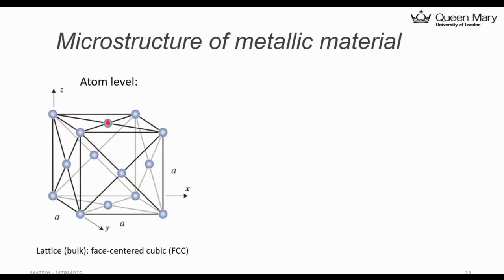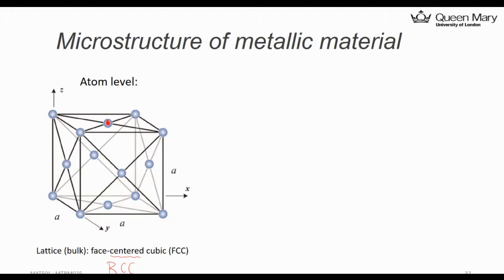So if you look at symmetry, there's an atom in the center. That's the body-centered cubic, BCC, and this is the FCC lattice, face-centered cubic. In each face, there is one atom acting as a center. So that's the structure for a normal metal, one type of metal.